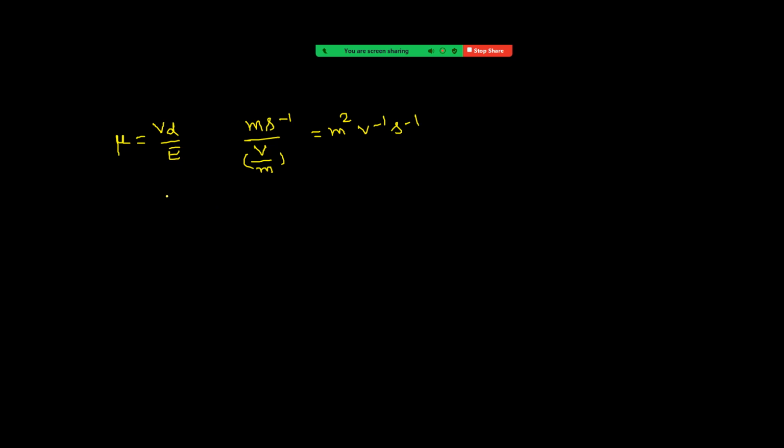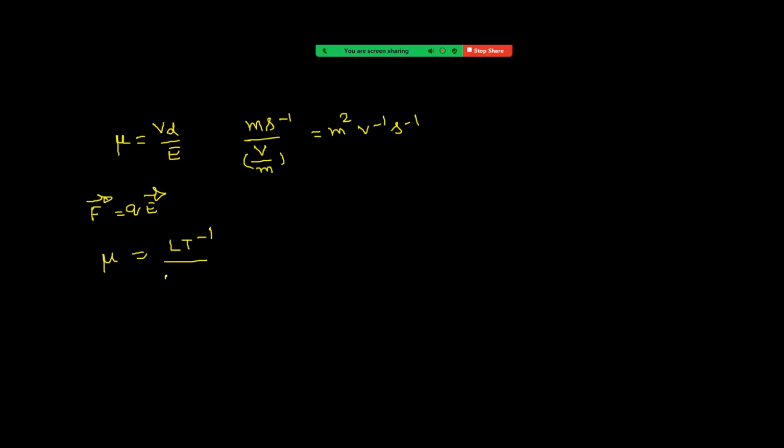And if you want the dimensional formula, see what we can write. Let us consider F bar equal to Q into E bar. So the dimensional formula we can write for mu: velocity means meter per second. In the place of electric field, I can write force by charge.